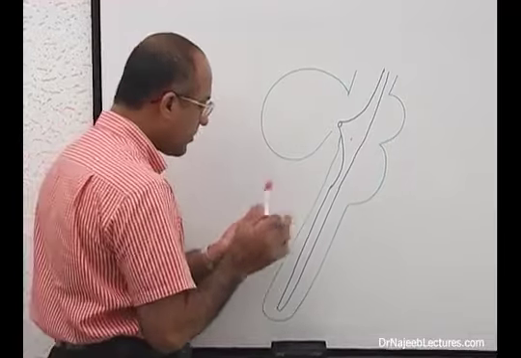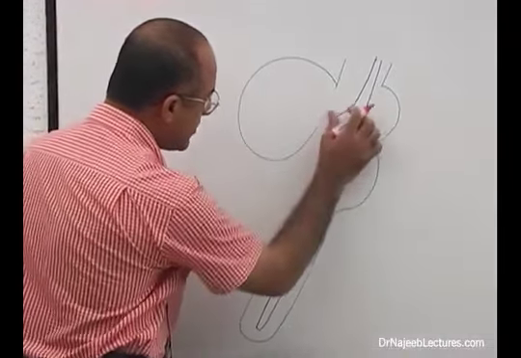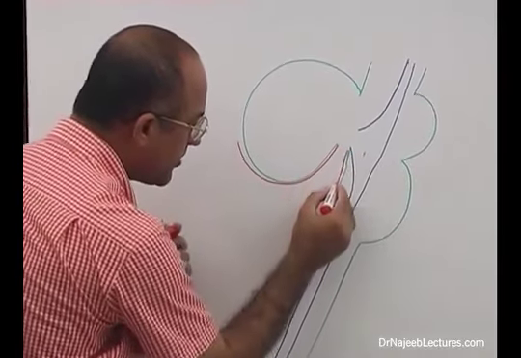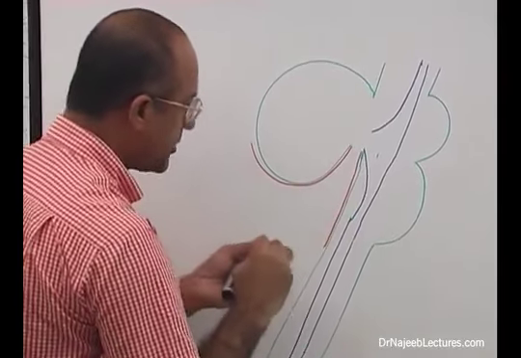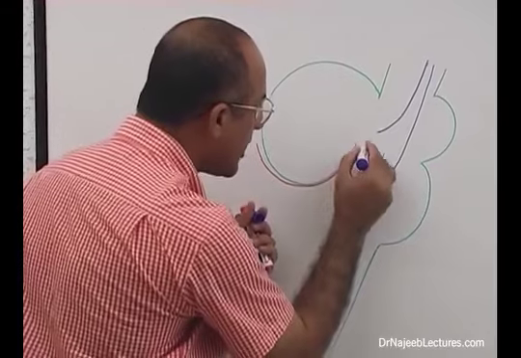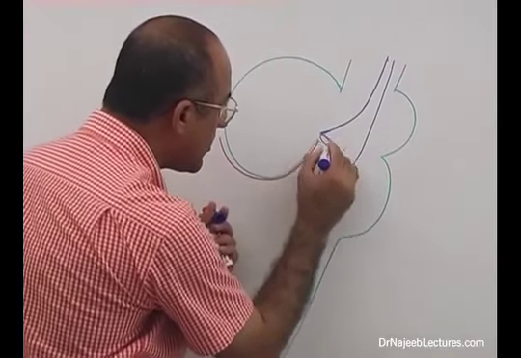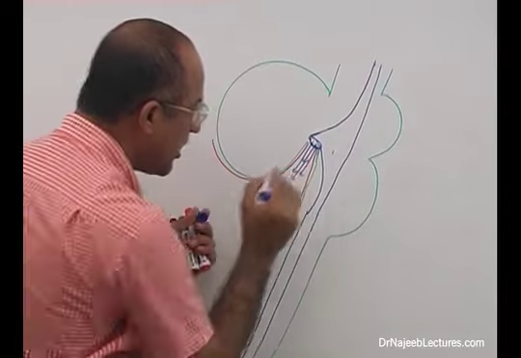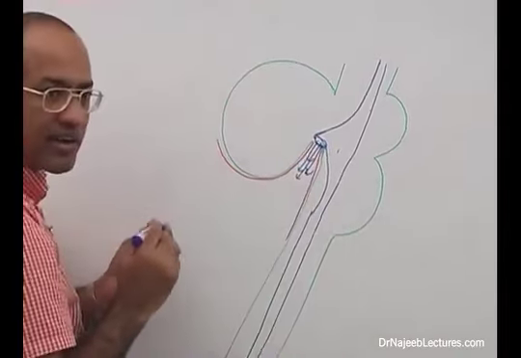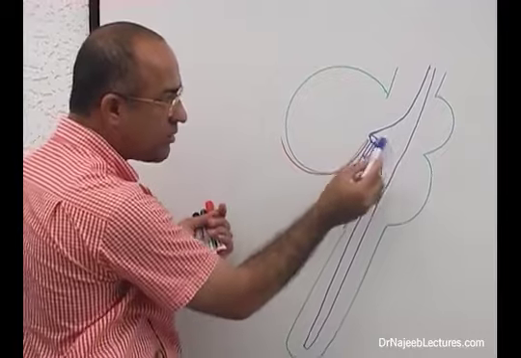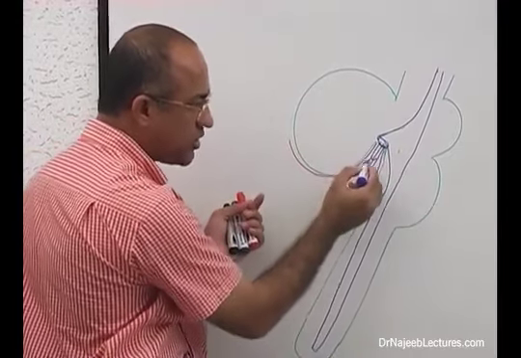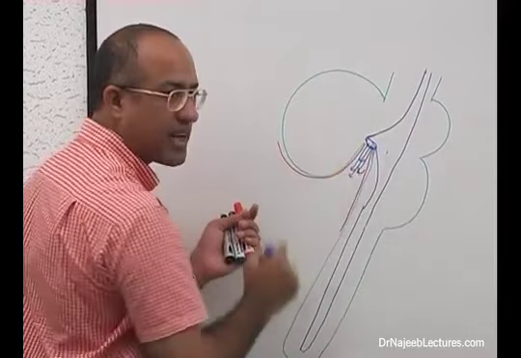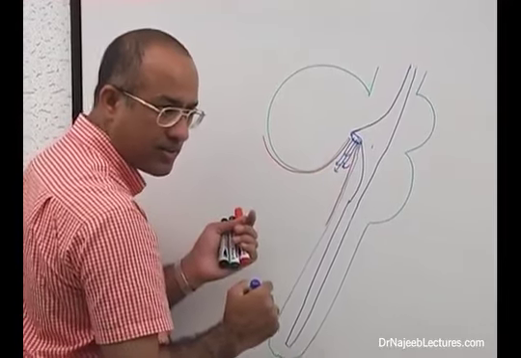Now, here it is, the pia mater. What is it? The pia mater. And here there is a hole, right, through which CSF is coming out on the back, right? On the back of the fourth ventricle, the posterior aspect of the fourth ventricle, there is a foramen which is opening in the subarachnoid space.